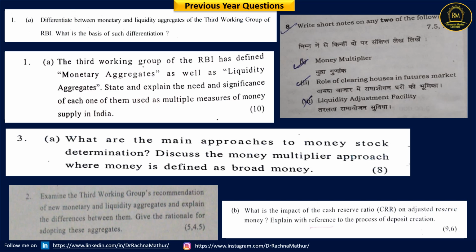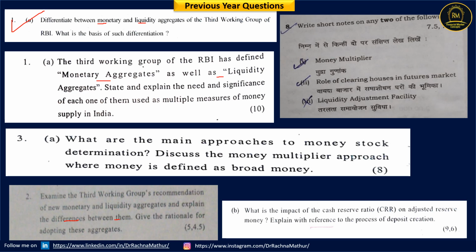So this question is on difference between monetary and liquidity aggregates. Again, you can see the question on monetary and liquidity aggregates. Again, the question on monetary and liquidity aggregates.